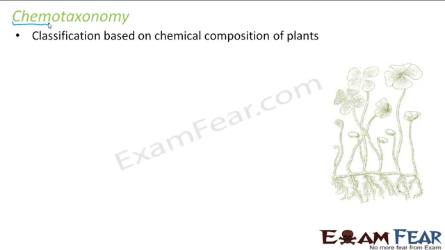When we study the different classification of plants, the subclassification of plants, we will see that in some groups of plants, the chemicals called lignin and flavonoids are more common than the other groups of plants. So this is also one important way by which the organisms are classified.